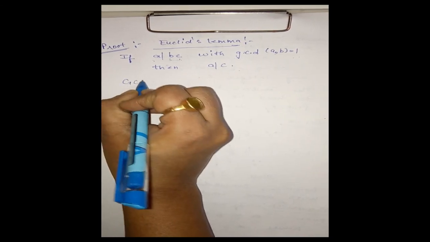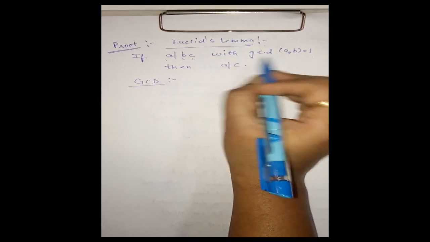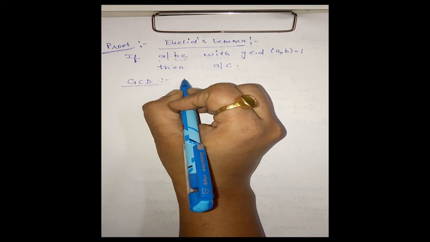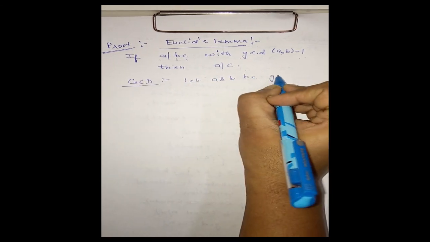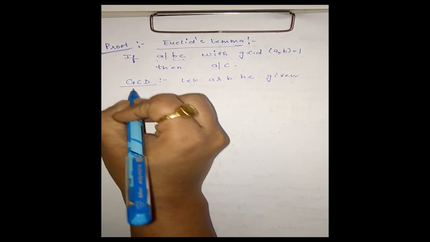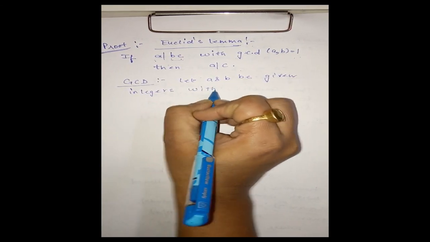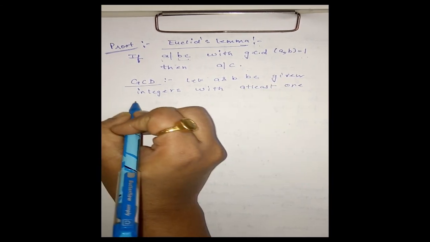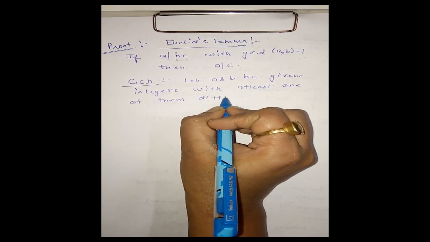Before proving the theorem, let us come to the definition of GCD. Let A and B be given integers, with at least one of them different from 0.